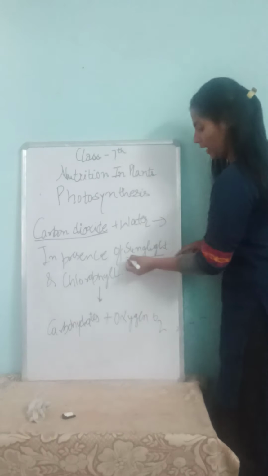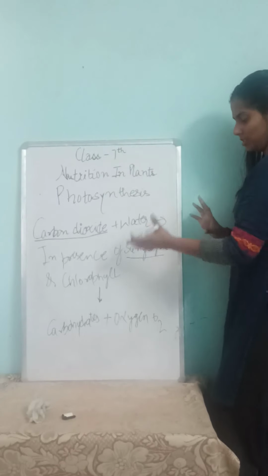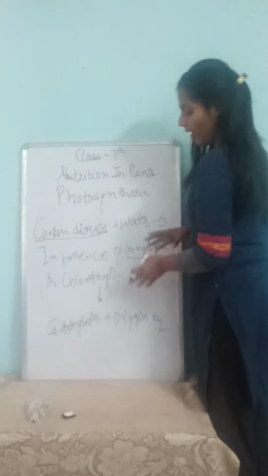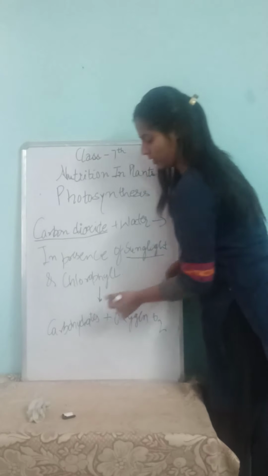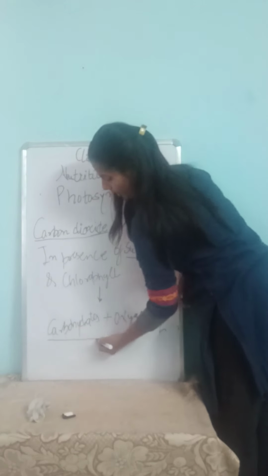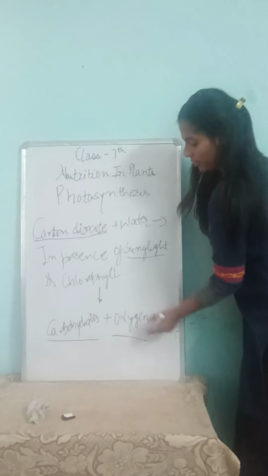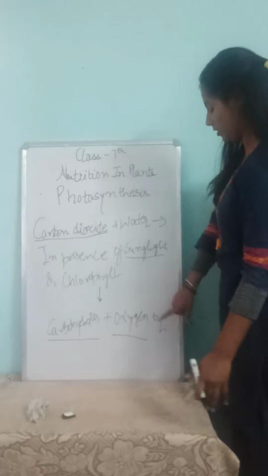Likewise, sunlight and chlorophyll are very essential for photosynthesis, and as a result it will give rise to carbohydrates and oxygen. The end products are carbohydrates and oxygen.